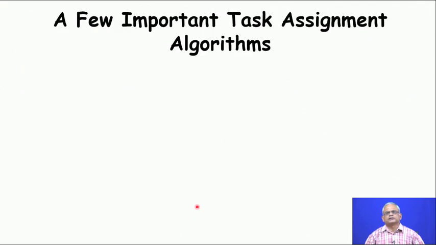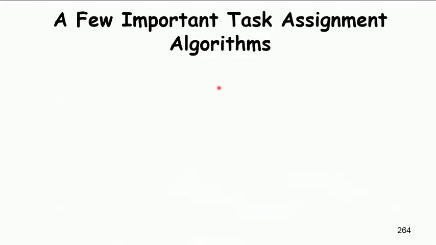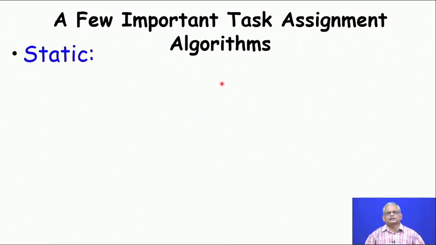Now, let us look at some task assignment algorithms, and then we will see the scheduling algorithms, because multiprocessor scheduling consists of two things: the task assignment and also the task scheduling once tasks have been assigned to a processor. There are some static assignments, where the tasks are assigned statically to a processor and execute only on that processor.